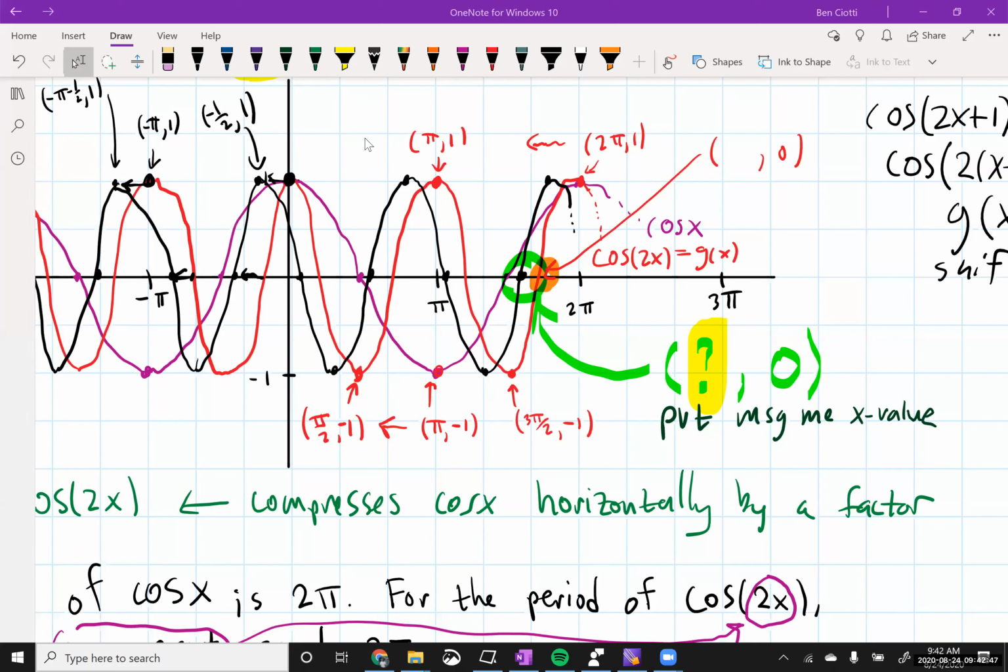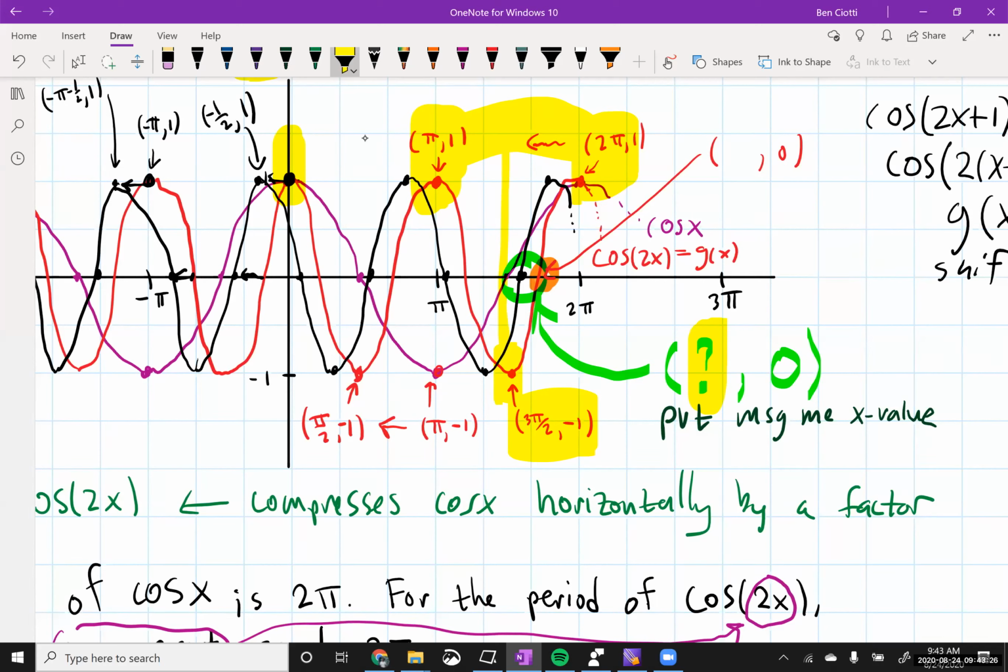So, maybe I'll just do this one then. Here's how I'm going to explain it. Let's look at the red graph for the moment. The red graph had a peak at pi and a peak at 2 pi. It has peaks every pi, because the period is pi. Halfway between these 2 peaks is a valley at 3 pi over 2.